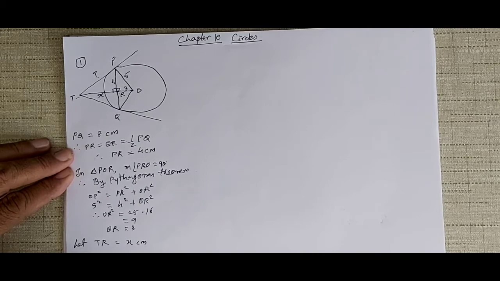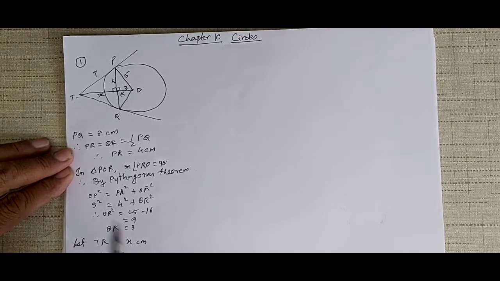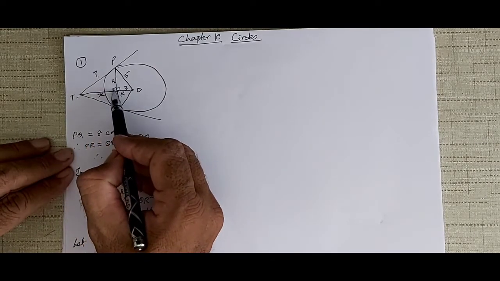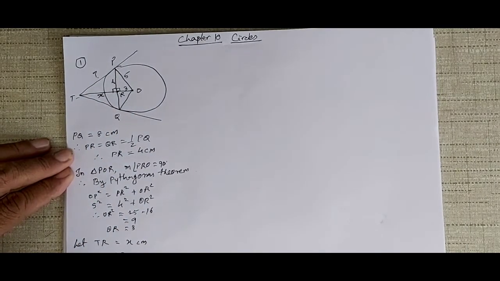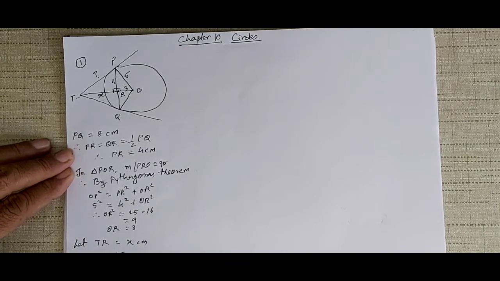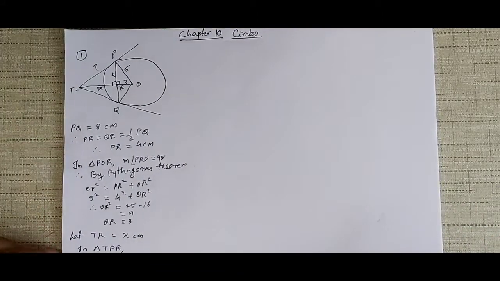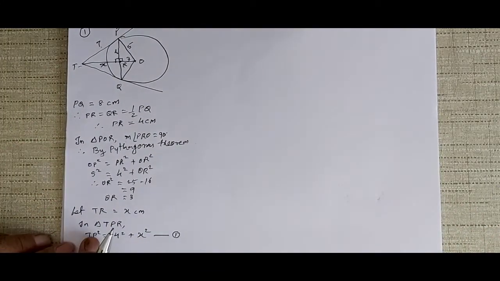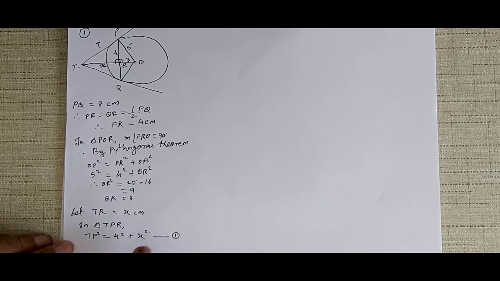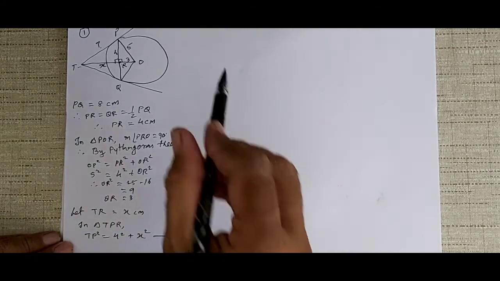By Pythagoras theorem, because this is a right angle, TP square is equal to 4 square plus x square. Let this be result number 1. In triangle TPR, TP square is equal to 4 square plus x square.